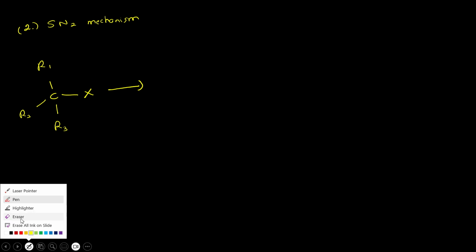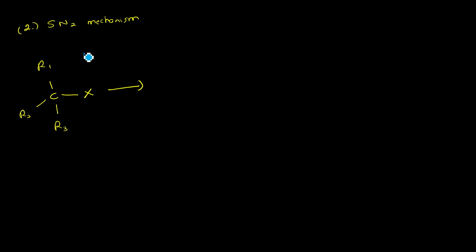The nucleophile needs to attack first. Here you have your nucleophile. The nucleophile will attack your carbon first. Due to this attack, the leaving group will be removed. So this leaving group has no intention of leaving the carbon atom at first. The nucleophile is the one pushing this leaving group away.